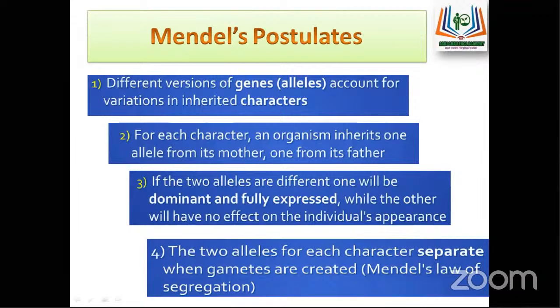They were taking all the characters simultaneously, so they were getting confused. But Mendel, whenever he was going for crossing, only focused on one or two characters. That made half of the job done, and made the analysis quite simpler. That was the major reason for Mendel's success and his predecessors' failure.